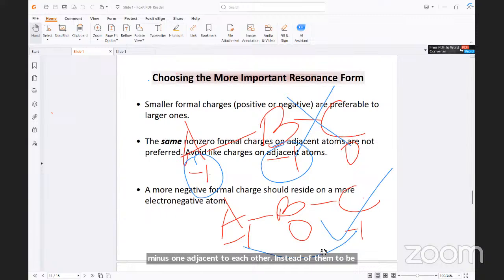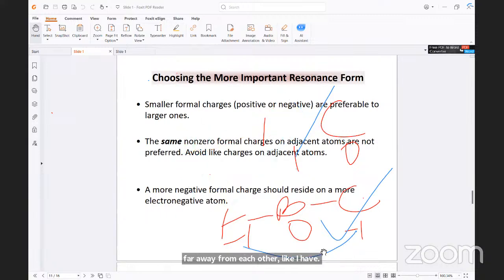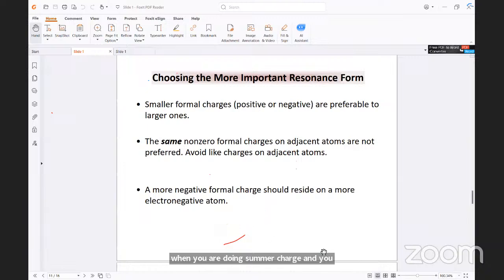So in any case, when you are doing formal charge, the same non-zero formal charge on adjacent atoms is not preferable. So avoid like charges on adjacent atoms.